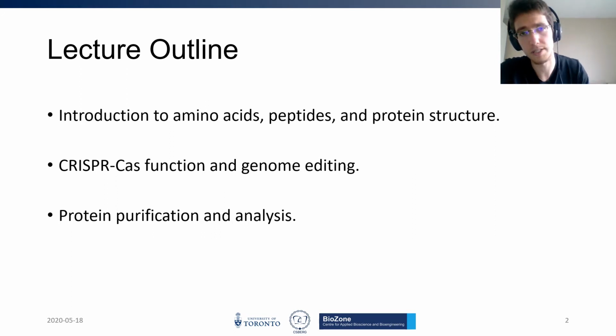Before we get into more detail, what I'm going to try and do is give everyone a surface understanding of many different components, right? But we're not going to have the time to delve too deeply into all the different purification methods and all the different methods of protein analysis and so on and so forth. Now let's get started.